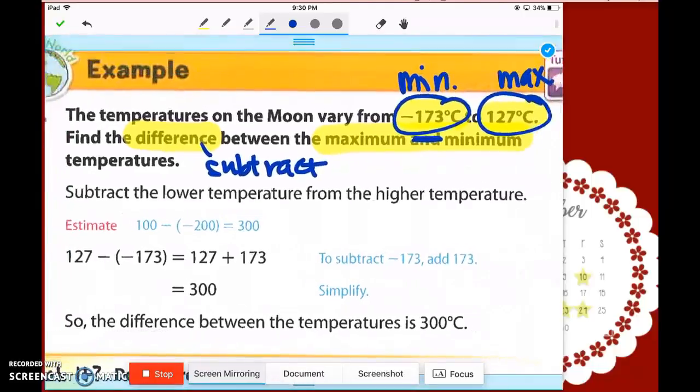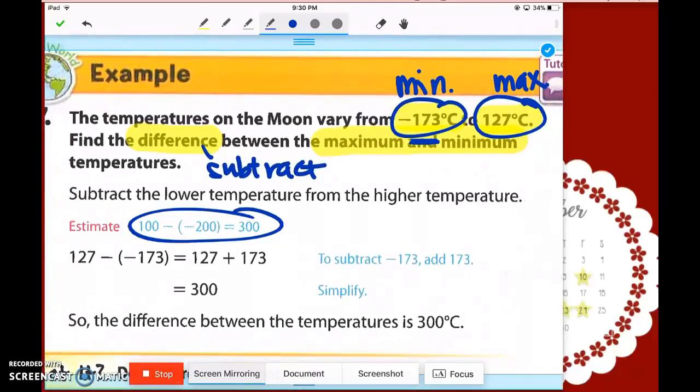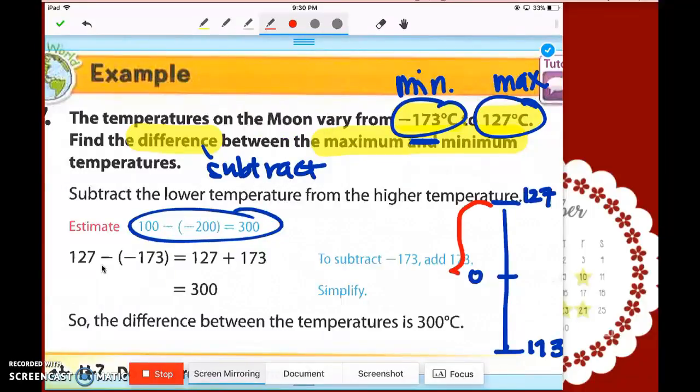They estimated beforehand, right, to see what your answer should kind of look like. And then when you actually estimate it, so the difference going from -173 all the way to +127, it's going to be a bigger number. So if we look at the scale, right, so here's 0, here's 127 degrees, here's 173 degrees. And if I want that difference, this whole thing, that means that I'm adding this part, the 127, and this part to the -173, right?